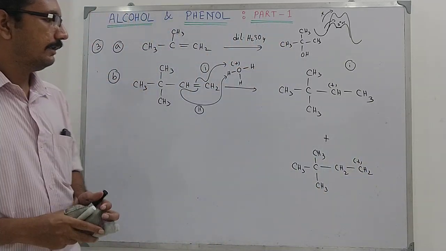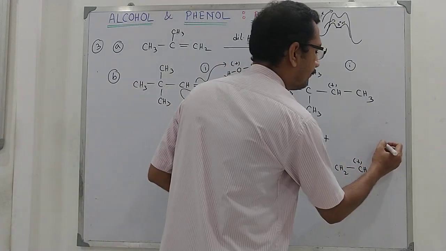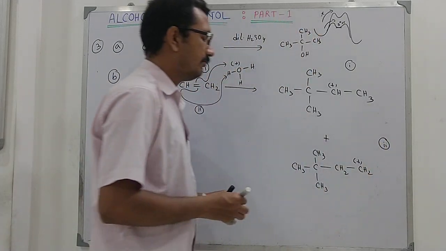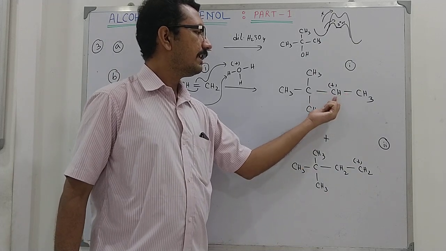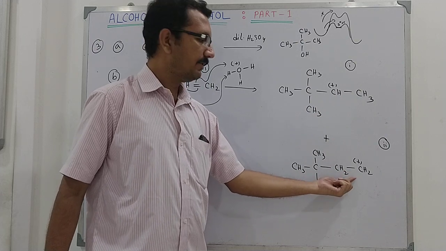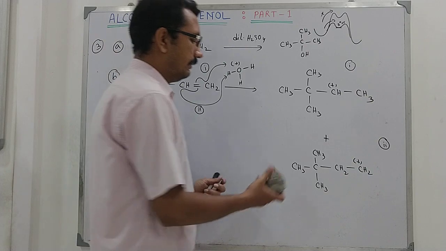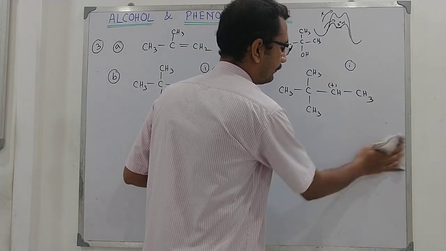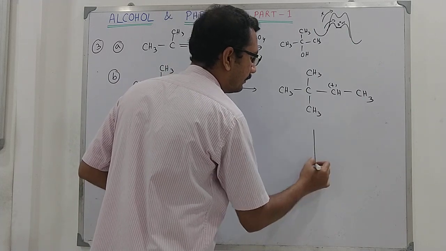Now you can easily eliminate path 2 using the concept of stability of carbocations. You see, this is 2 degree carbocation, so more stable, and this is 1 degree carbocation, less stable. So the reaction will continue through this path and not through this path, as mentioned before.